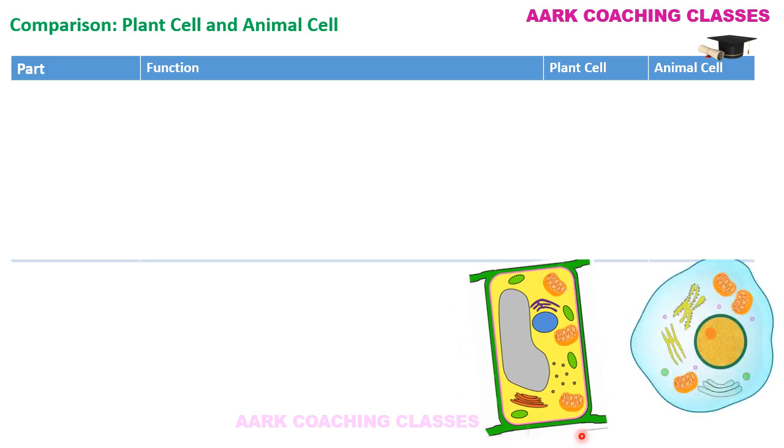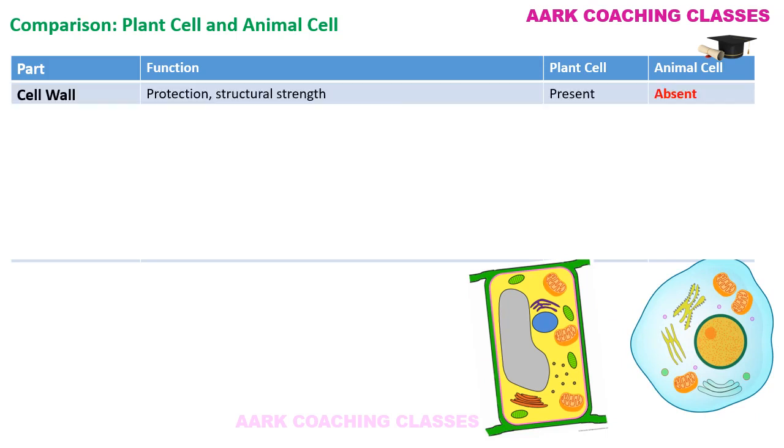It is easy to remember this way and draw also, right? Cell wall. The function of the cell wall is protection and it provides structural strength to the plants or plant cells. So the cell wall is present in plant cells, it is absent in animal cells, right?